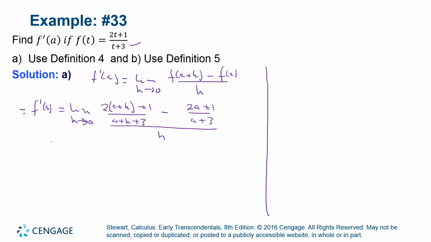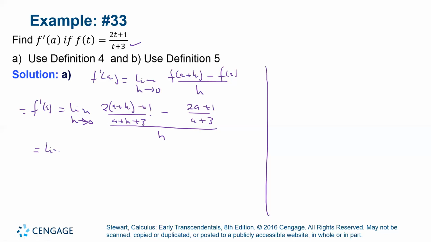Okay, so now let us simplify this. For the numerator, we want a common denominator. It means you multiply this part by the denominator here, a plus 3, and the other one by that. So we're going to do that and then simplify. It's going to be some work.